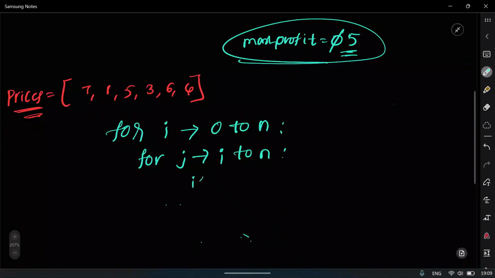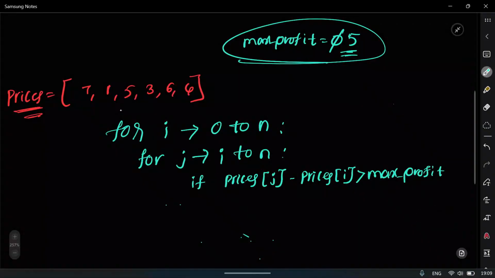You check if prices of j minus prices of i is greater than the maximum profit, and you can initialize the maximum profit to 0, because when we buy and sell on the same day, we get a maximum profit of 0 itself, not a negative.